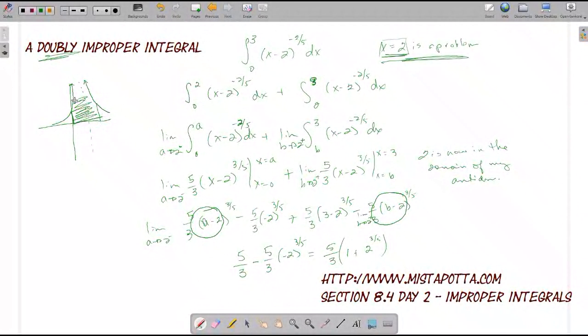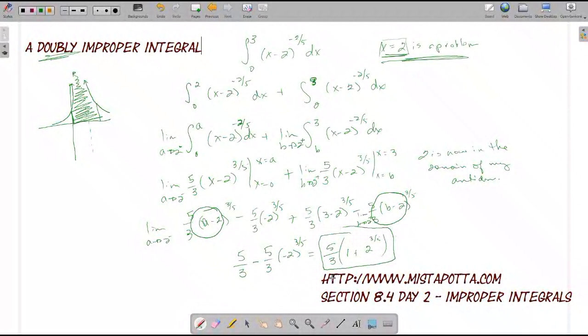I can find this area, unbounded as it is, infinite. I mean, I've got an undefined perimeter, but I've got a finite area here. This 5/3 times 1 plus 2 to the 3/5.